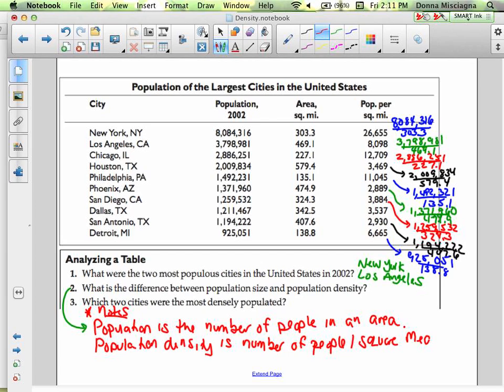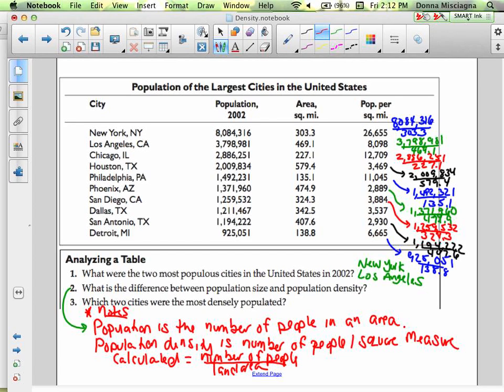I put that down because it could be per mile, it could be per acre, it could be per kilometer. It's not going to be per foot unless you're dealing with something other than people, something maybe a little bit bigger or a little bit smaller. So it's the number of people per square measure, and it's calculated by finding the number of people divided by the land area. Okay, so you can just add that to your notes.